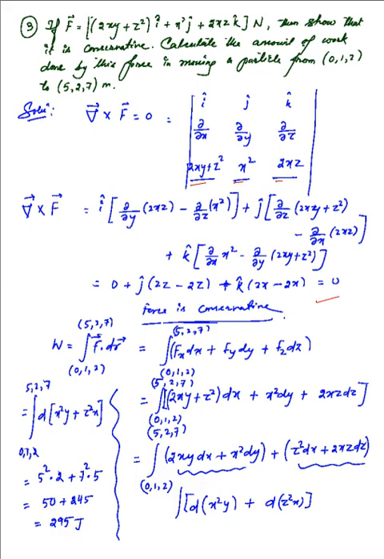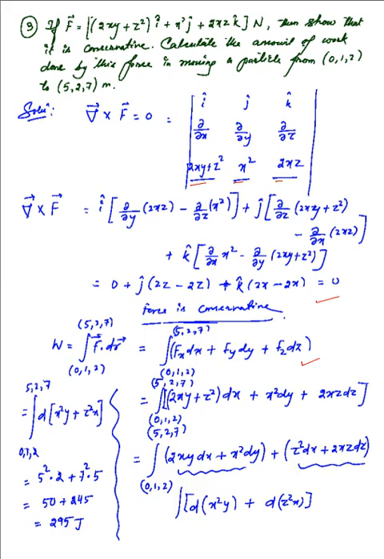Now, as for the work done, we'll do it in an efficient way instead of going the usual way, that is, for the x, y, and z coordinates separately. We will first look at F dot dr. The dr carries dx, dy, and dz terms, so that's fairly straightforward.